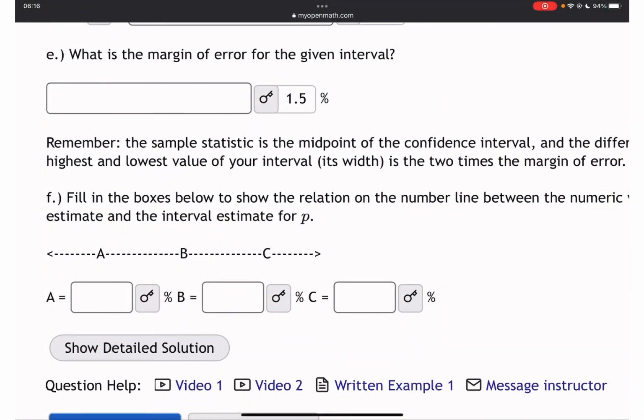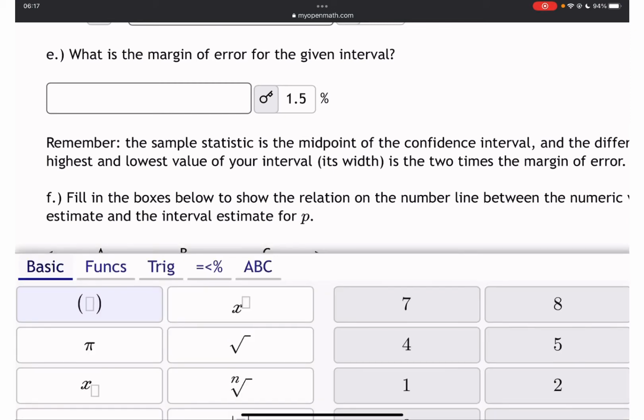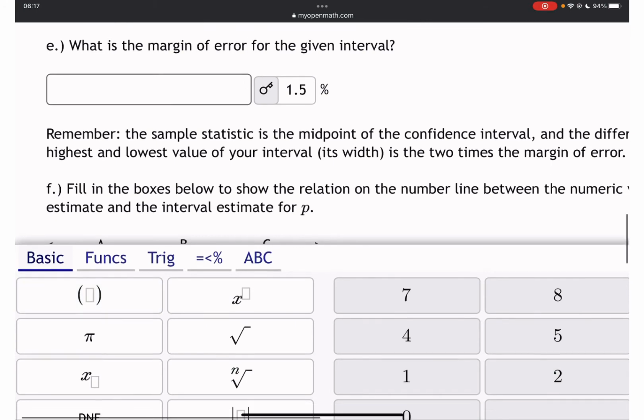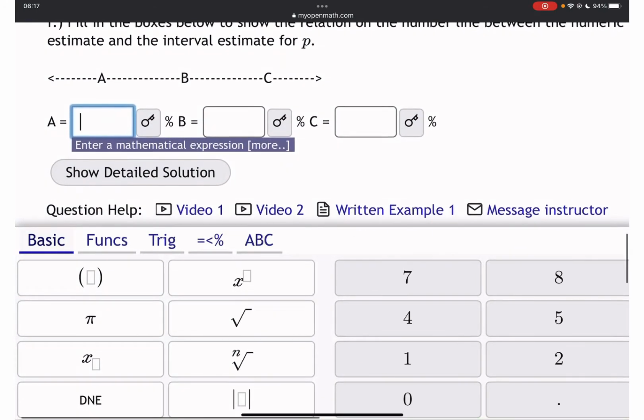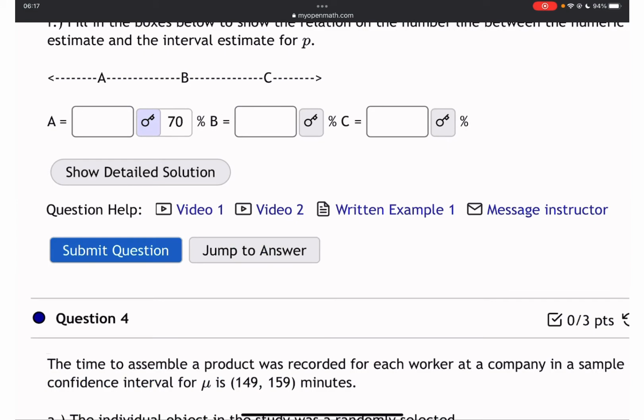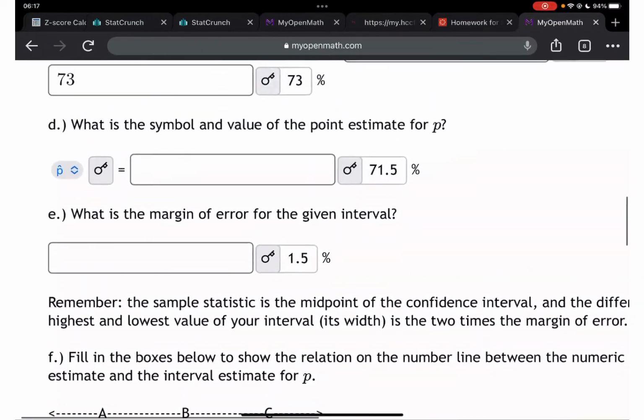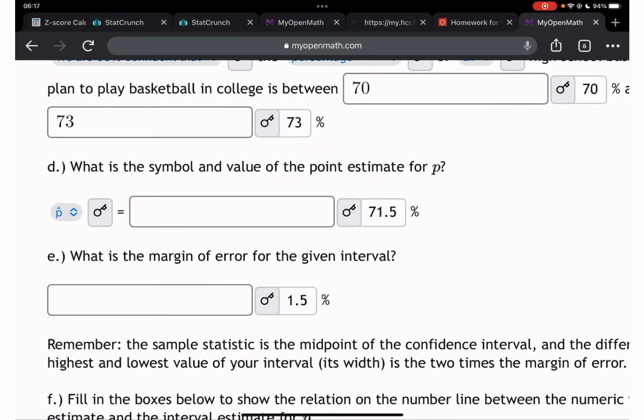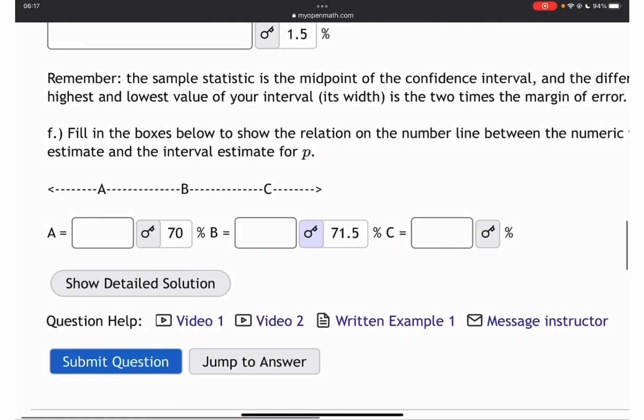So we are going to write down our percentages. First one, we know it's 70%. Since it's the teacher's preview, I might as well open it. So the first one is 70%. The second one is 71.5, the point estimate. And C is going to be the upper boundary, which is 73%. And we are done.